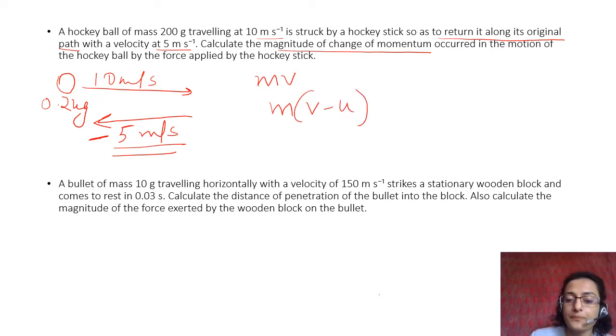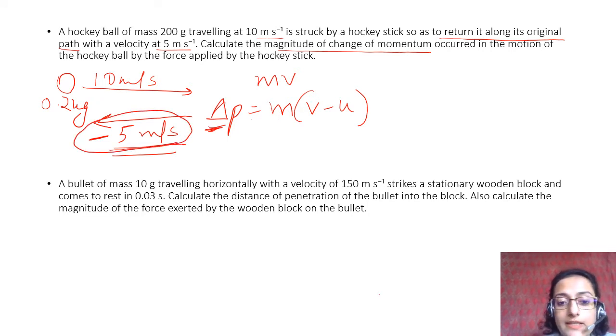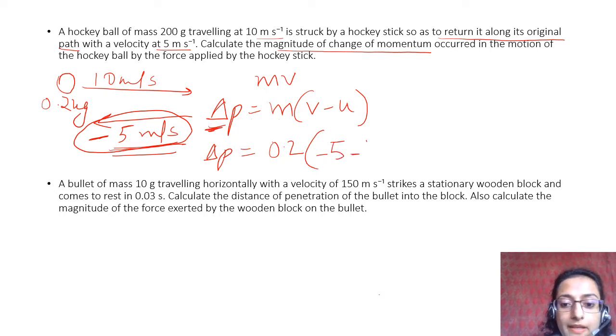This sign is for change. So delta P is m into (v minus u). Now you have to consider that this is minus. So delta P is equal to m is 0.2 into v is minus 5 minus 10.